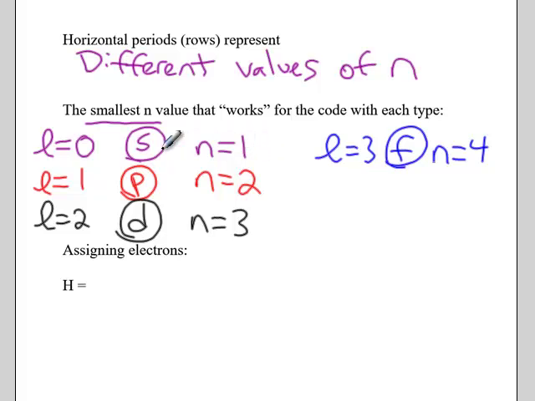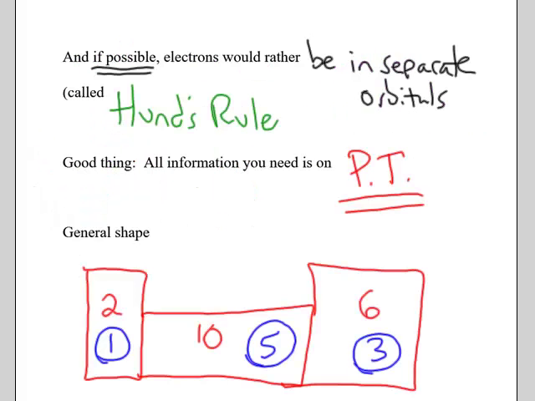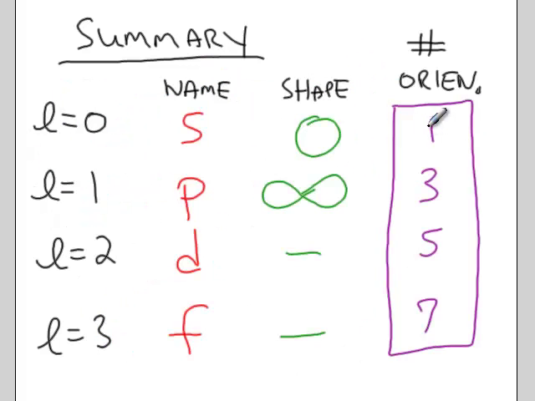We start at 1 if we're talking about s orbitals. 2 is for p, 3 is for d, 4 is for f. So 1, 2, 3, 4 is something that you can easily remember if you just remember the order s, p, d, f. That's where we start. Don't confuse those with the number of allowed orientations, which is 1, 3, 5, 7.